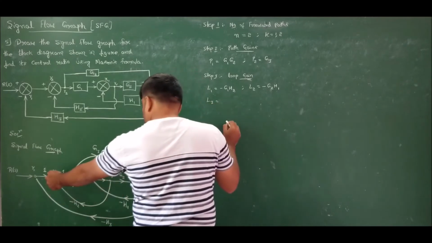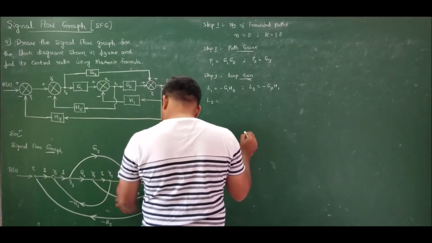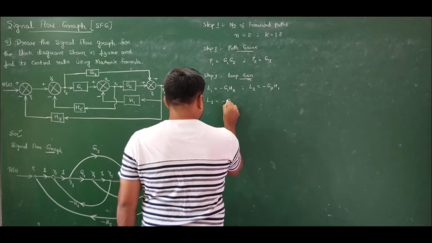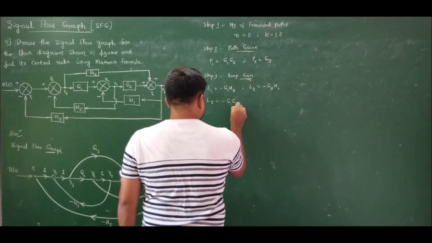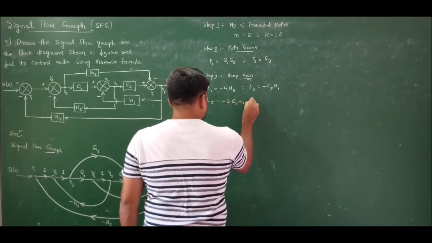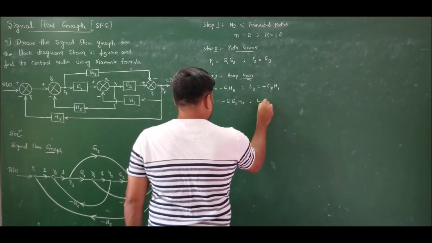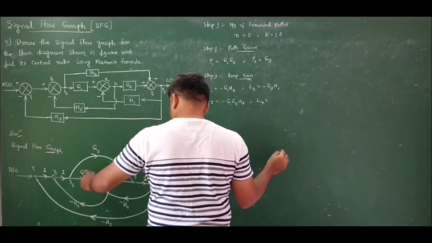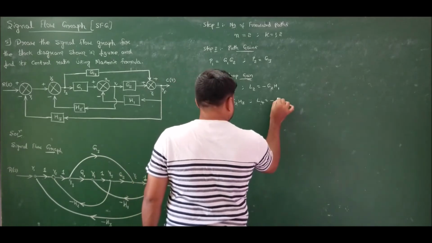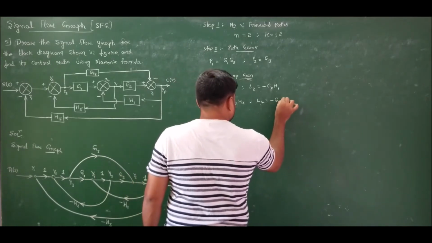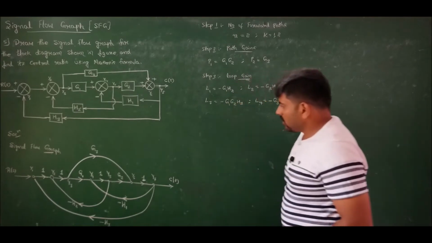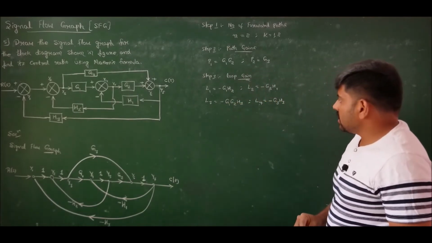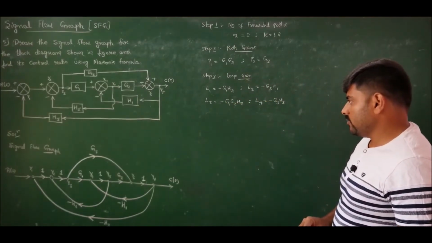For loop 3 it is g1 g2 into minus h3, minus g1 g2 h3. For loop 4 it is g3 minus h3, it is minus g3 h3.